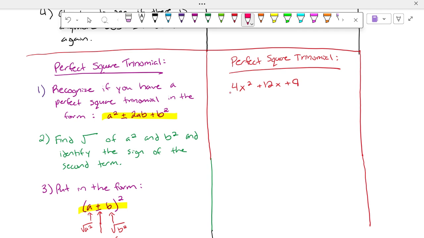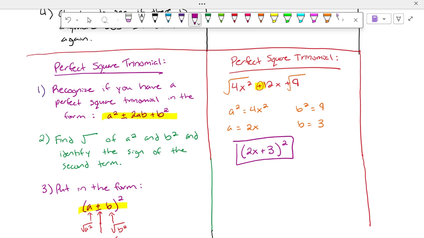All right. So I'm going to take the square root of the first and last, keep the sign of the second. So a squared is equal to 4x squared, so a is equal to 2x. b squared is equal to 9, so b is equal to 3. And the sign of the second term is that plus. So if I write it in the form, this will be 2x plus 3, all squared.